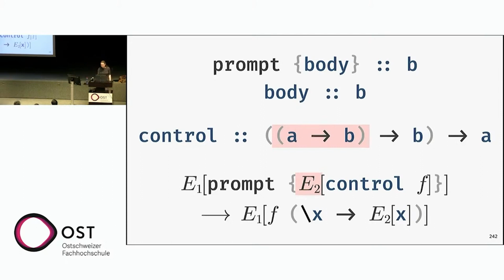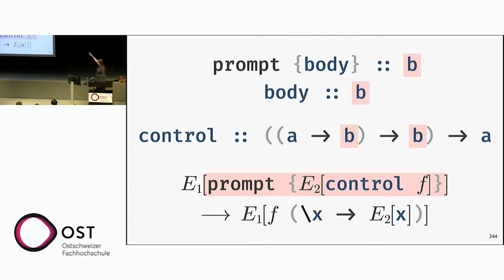It's that A to B function that we saw before, and it accepts an A. But now, because control is in the position of yield, the control operation itself returns that A. And the B corresponds to the type expected at the return of prompt, or the return of E2.